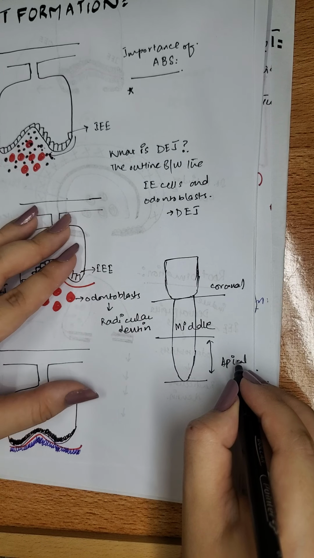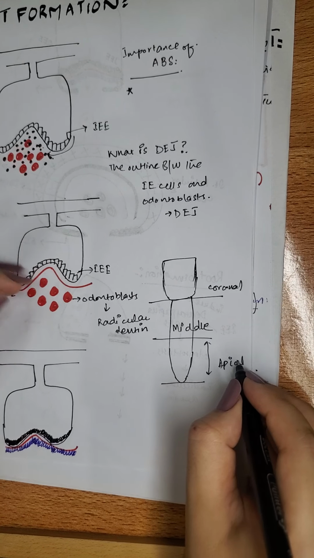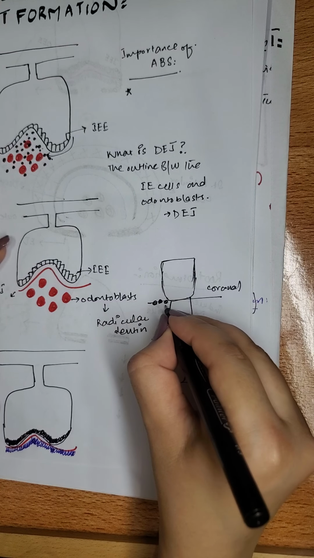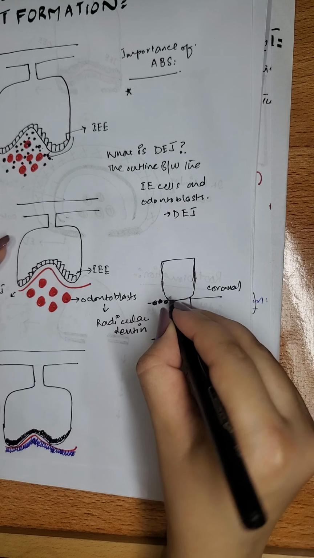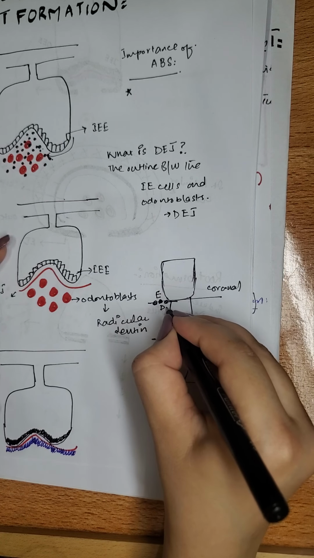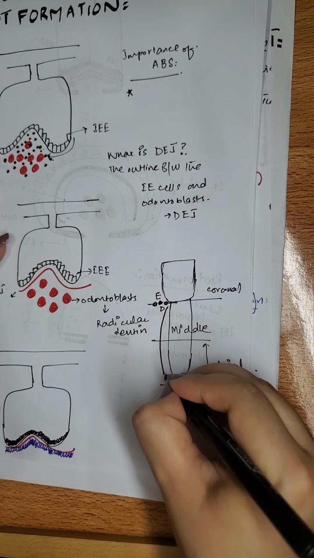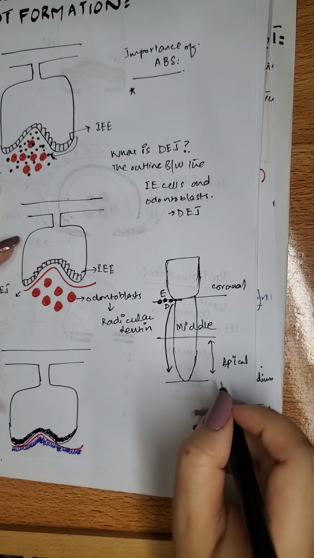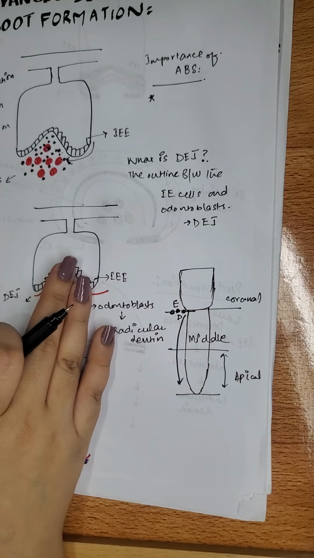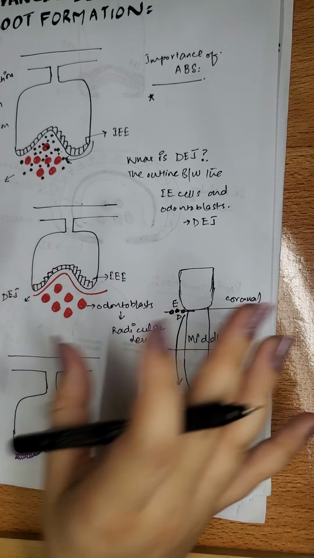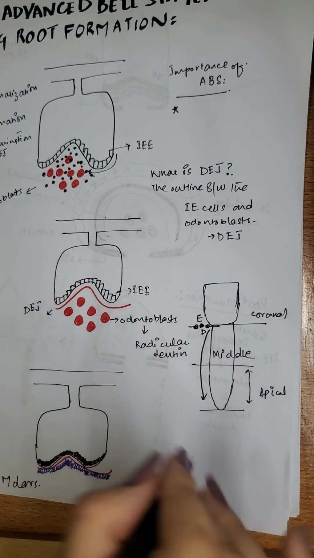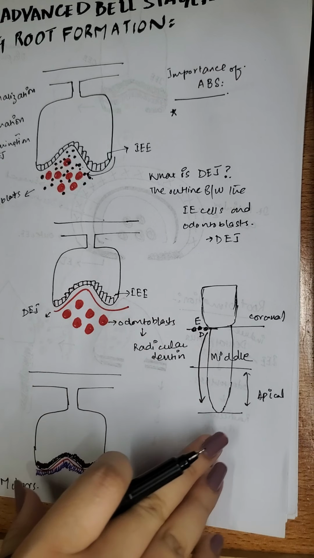Whenever there is activity of the odontoblasts, suppose here are the odontoblasts, they start forming the dentine from the dentino-enamel junction towards the apical direction. So whenever you are asked how the odontoblasts form the dentine, they always form the dentine in the apical direction, or the downward direction, towards the apex.